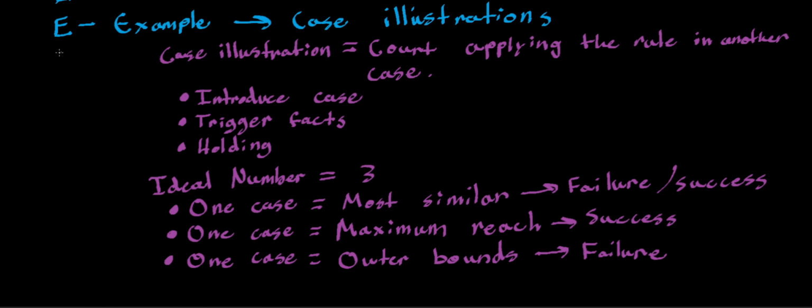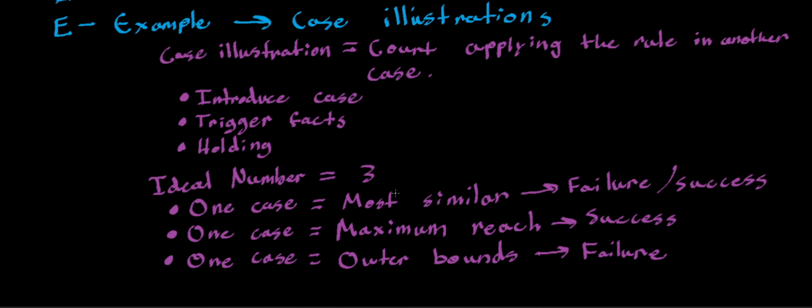Okay, so this example portion of the rule explanation has the case illustrations, and a case illustration should include a quick introduction to the case, just signaling why the case is important, what proposition the case stands for. You include the bare bones trigger facts of the case, exactly what facts led to the court's holding, and then you include what the court held.